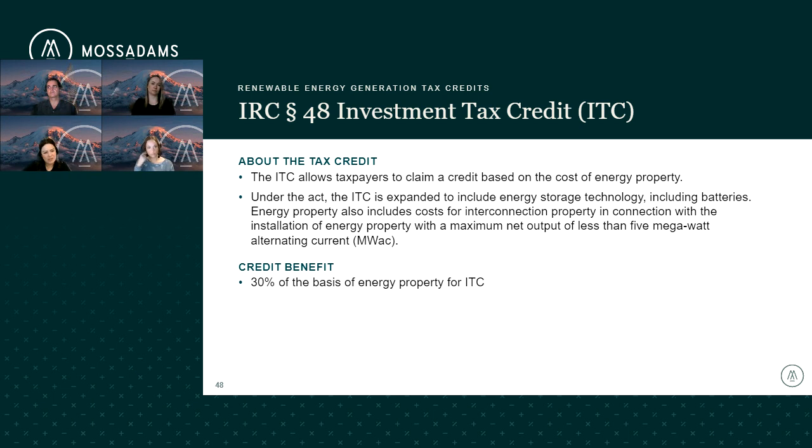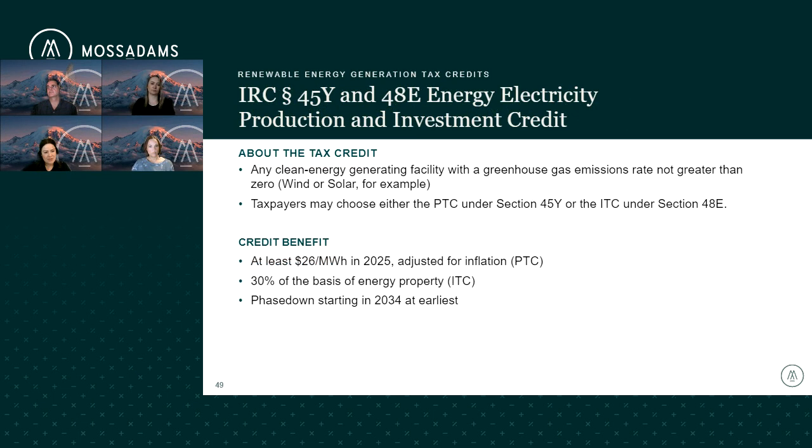So these are the two that have been around for a bit, and these will eventually sunset. Now, as you see, there are two new credits, 45Y and 48E, which again relate to electricity production and the investment credit. The ones I spoke about before, 45 and 48, are going to be sunsetting in 2024, so these will be applicable starting in 2025.